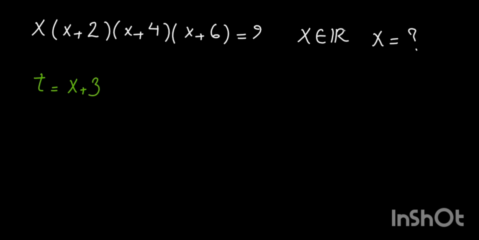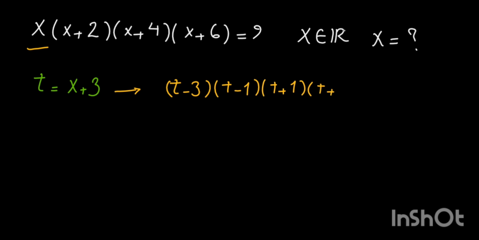Instead of x, I should write t minus 3, and instead of x plus 2, I should write t minus 1. Instead of x plus 4, we should write t plus 1, and instead of x plus 6, we should write t plus 3, and we know that that was equal 9.